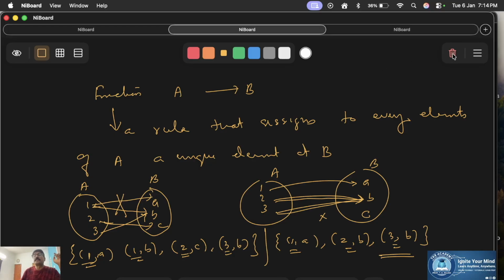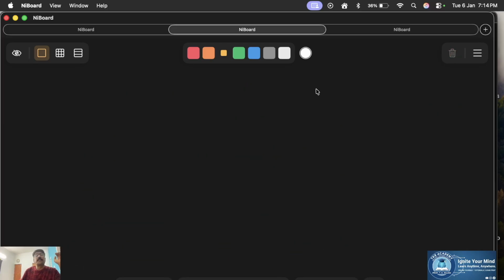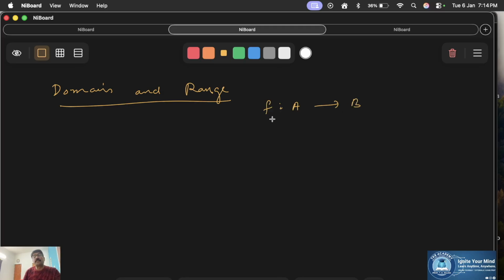Now let us go to what is the domain and range of the function. Already we are familiar with the domain and range of a relation. If f is a function from A to B, by the definition of the function itself, you can see that every element of A has an image in B. Every element.